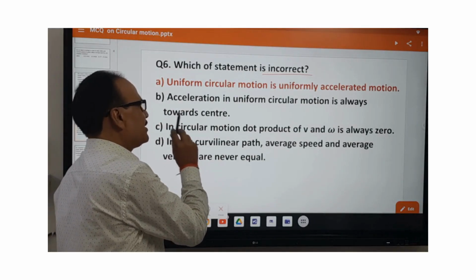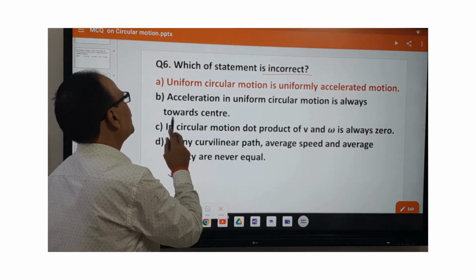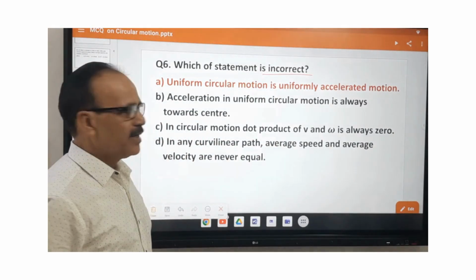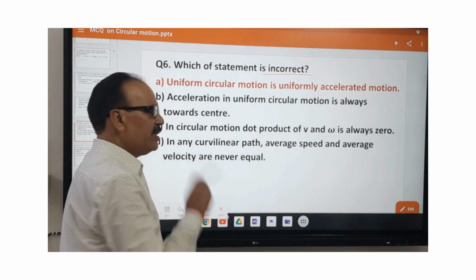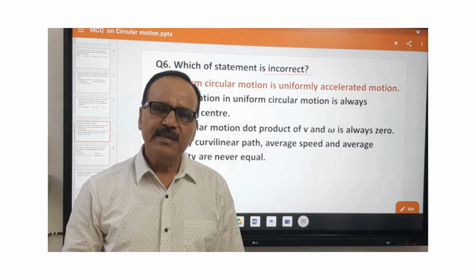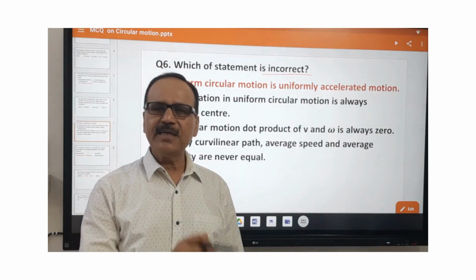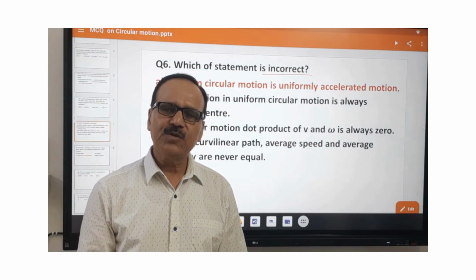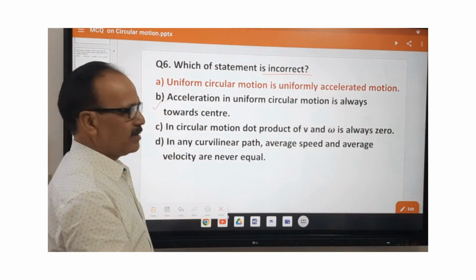B part: acceleration in uniform circular motion is always towards the center. So the second option is correct, because in uniform circular motion there is always centripetal acceleration, and this centripetal acceleration is directed towards the center, no doubt. So this is correct.